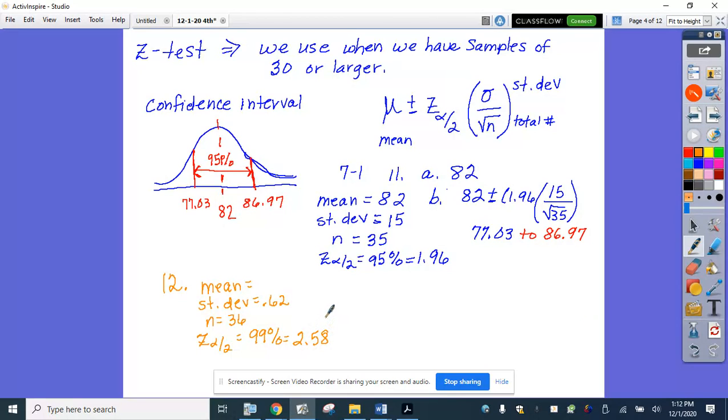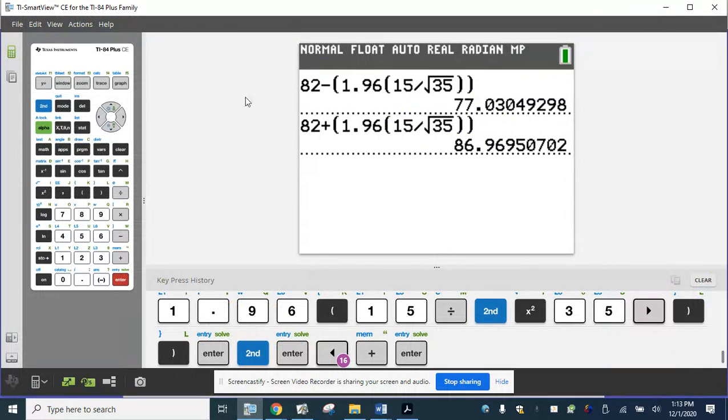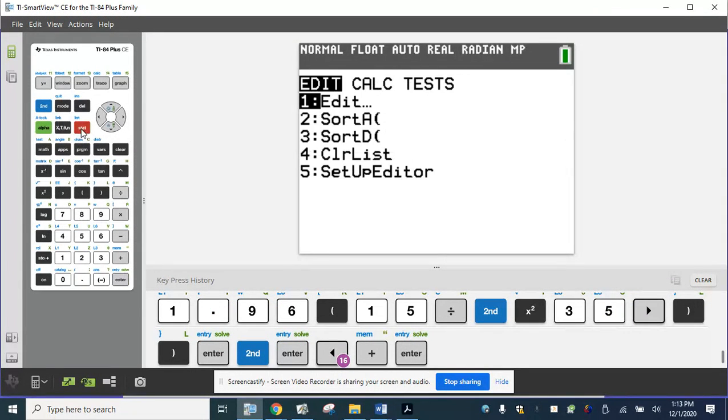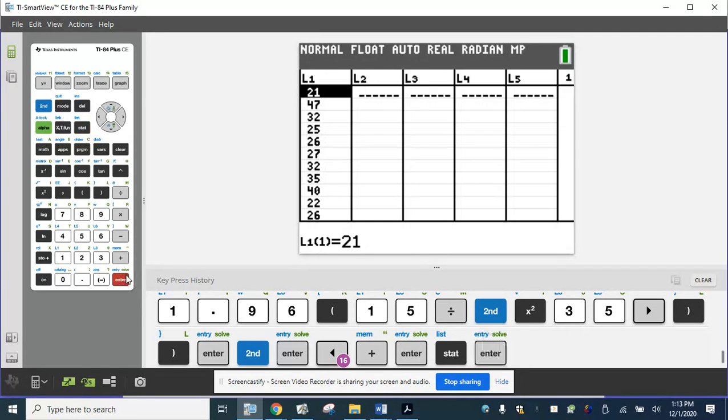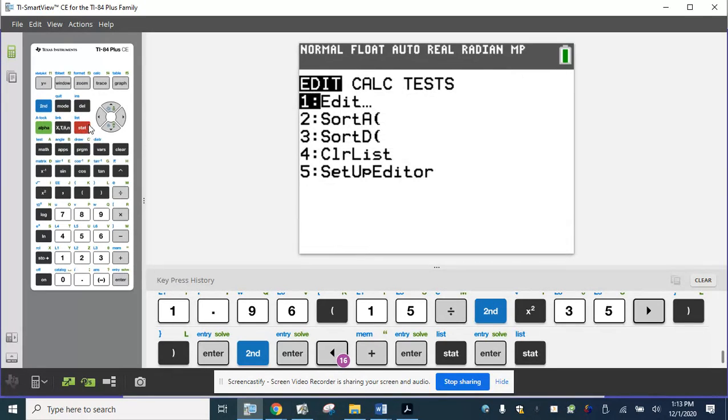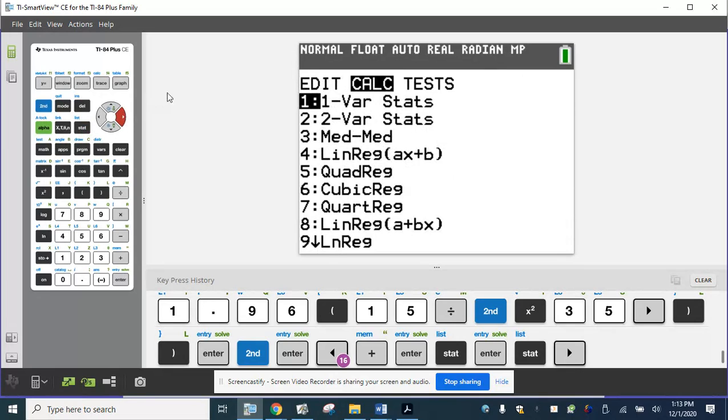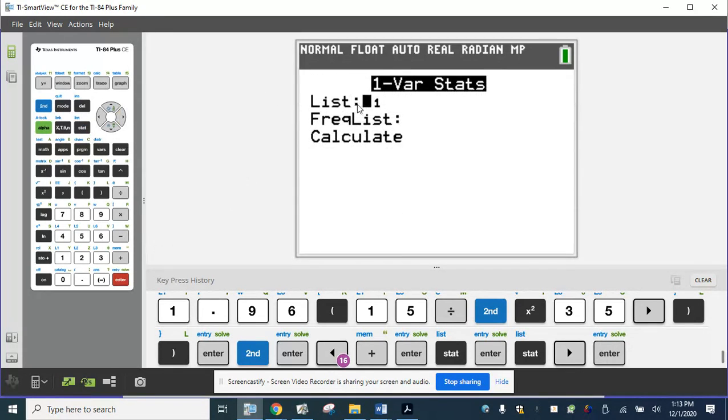Okay. Now I'm going to have to put all these numbers in the calculator. So I'm going to have to do stat. I'm on edit, so I'm going to say enter. And I'm going to put all of my numbers in the first list. Okay. So when I do that for all of those, I can do stat over to calc, and I'm going to do one-variable stats, make sure I'm on list number 1.